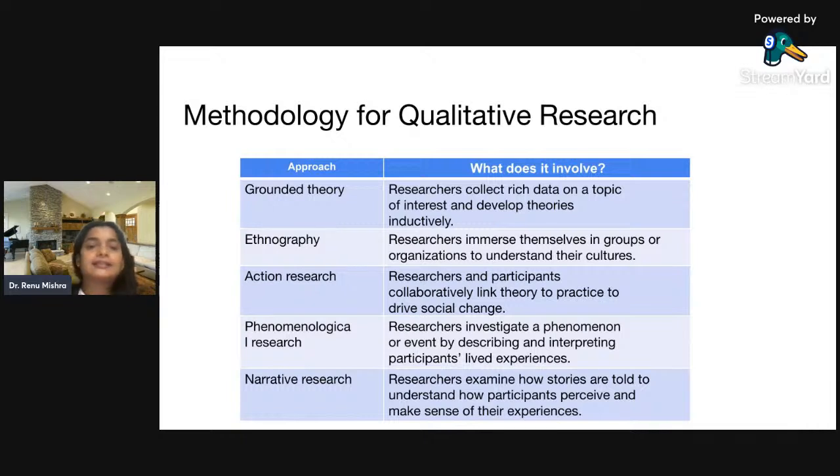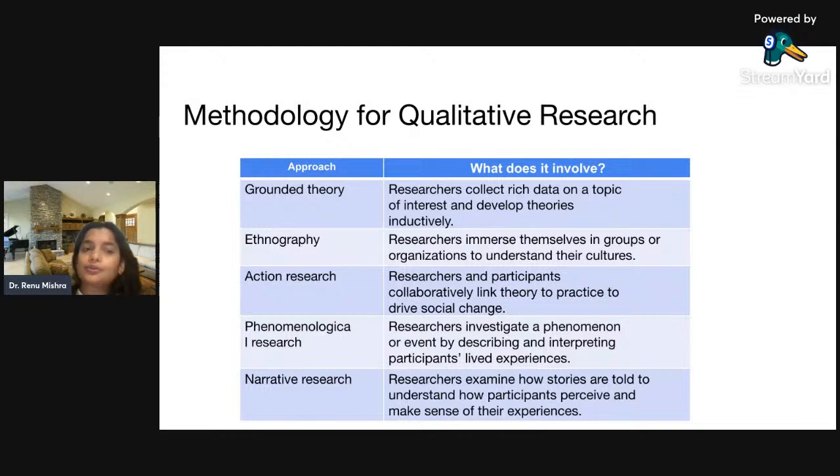For example, in narrative research methodology, you are narrating the information collected from your respondents, like what were their experiences, what were their perceptions, how they took a particular incident.